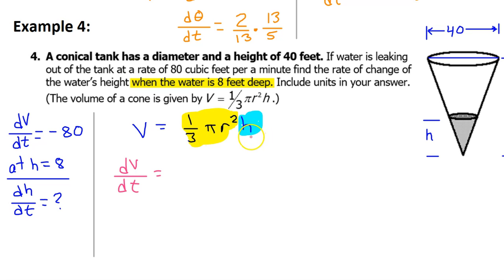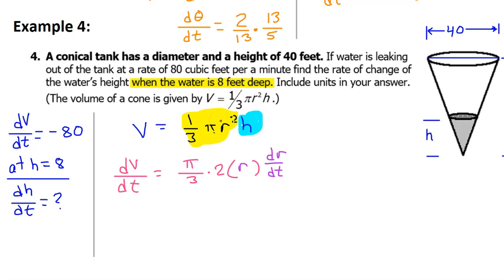Now on the right side, here comes the product rule. The first time through, we take the derivative of the yellow factor. So I'm going to put the pi in the numerator. So let's call this constant in the front pi over 3. But I'm going to do the chain rule on the r squared part. So I'm bringing the 2 to the front. But the inner function is the r, and we must multiply by dr/dt.